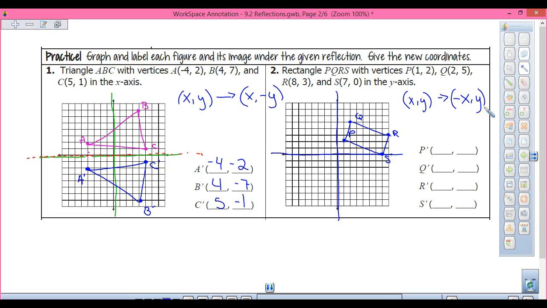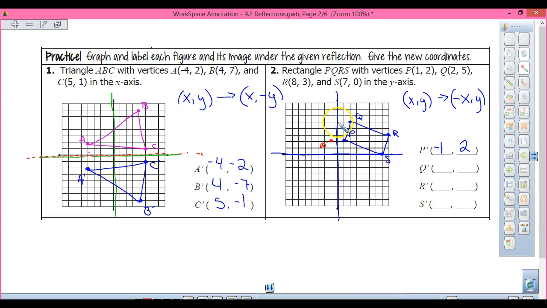You can either do it that way, or count. What is P? P right now is 1, 2. So P prime would be x goes to -x, so x is 1, so we go to -1 and y stays the same at 2. So if I'm doing that over the y-axis, I'm going across. That's P prime.